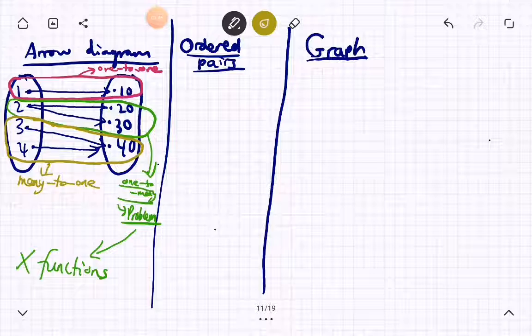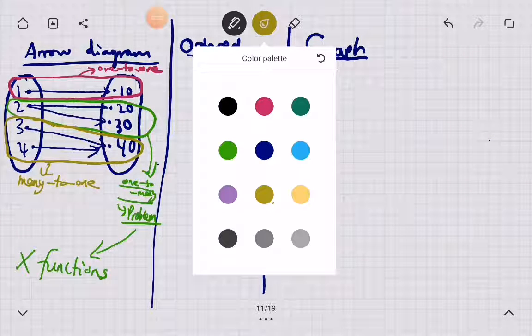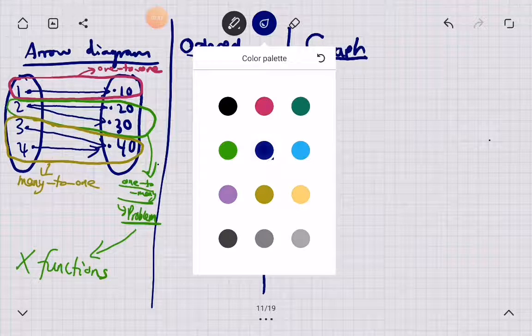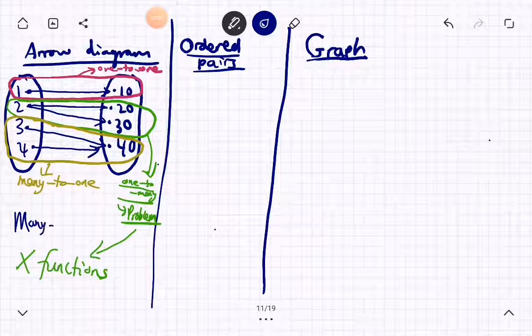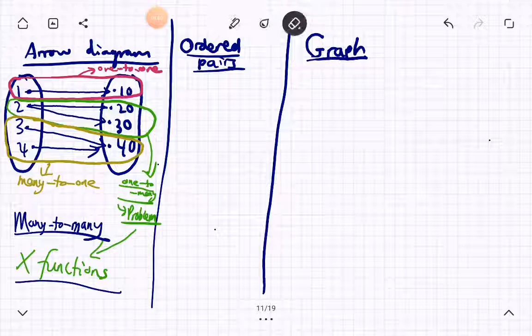Our problem is with the green color group, where it's a one-to-many relation. So this entire relation as a whole is a many-to-many, because it has both a one-to-many and many-to-one. So this is a many-to-many, and it's not a function.